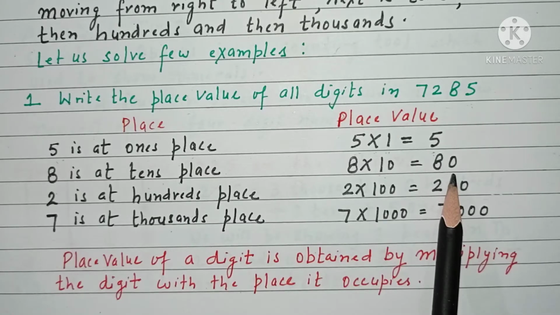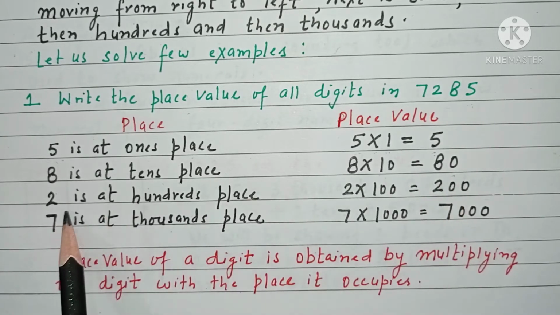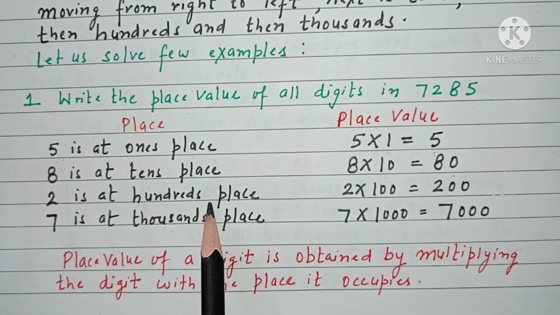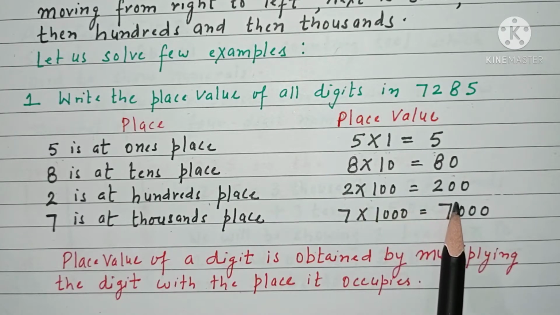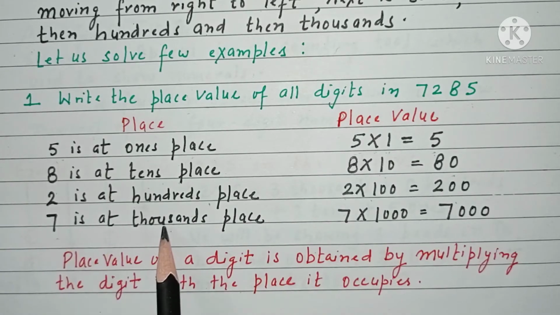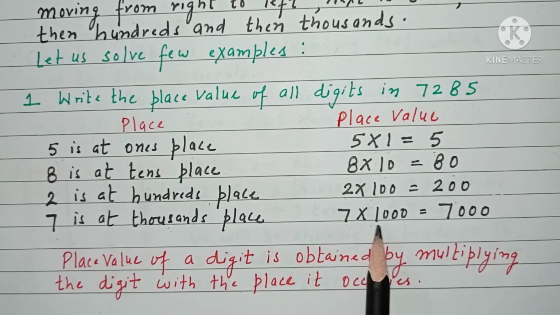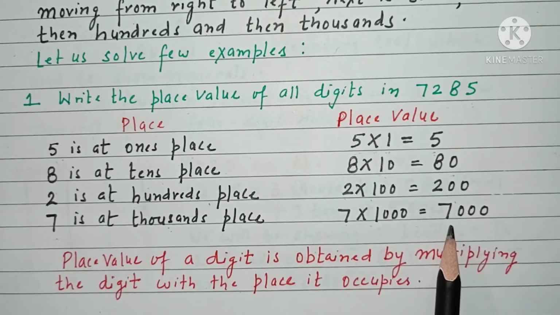Similarly, moving towards the left now, 2 is at hundreds place. So its place value will be 2 multiplied by 100, which gives us 200. And in the extreme left, we have 7, which is at thousands place. So 7 multiplied by 1000 gives you 7000.